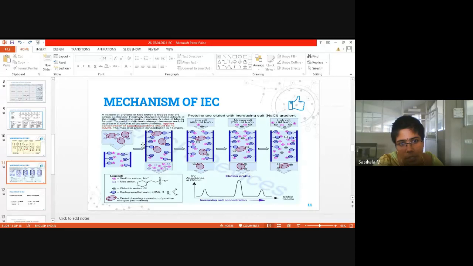So there are cations with single, double and triple positive charge. In the beginning the single positive charge is eluted, so the peak appears here in the chromatogram, this is for double charged and this is for triple charged. Likewise, you will get the chromatogram. Then the column is regenerated for the same principle of separation again.